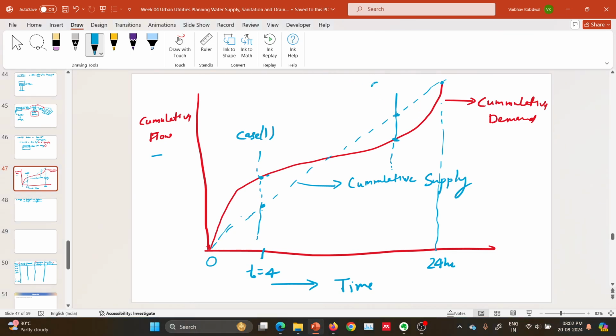This is case 2, during winters, or in a day also we can say case 2 is for night time. During daytime the supply will be less than the demand. So at this time we should have some excess storage.